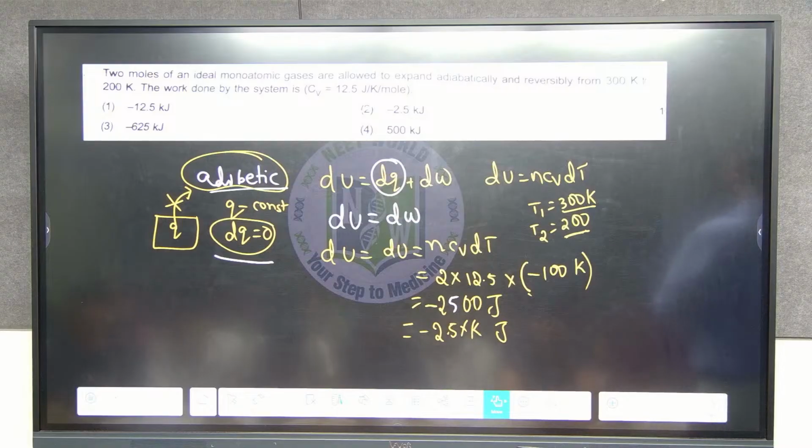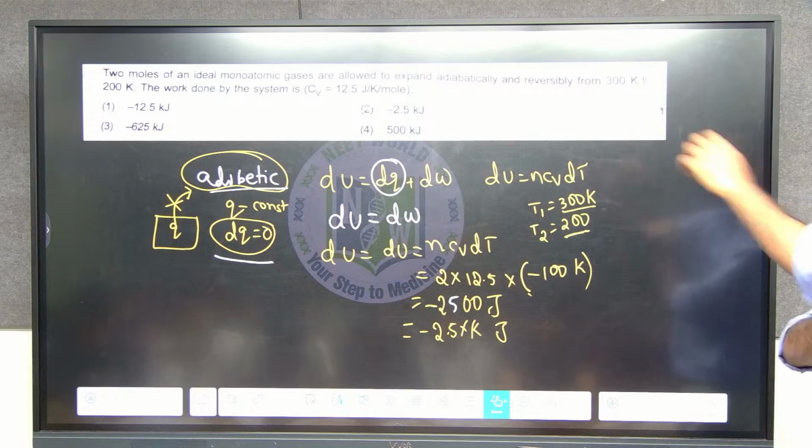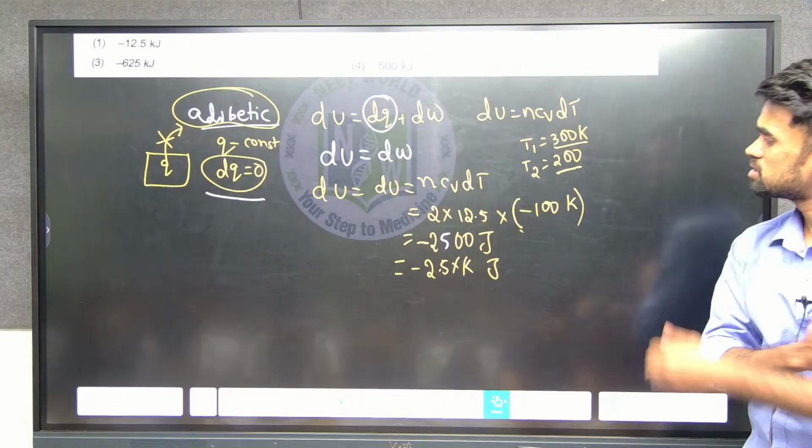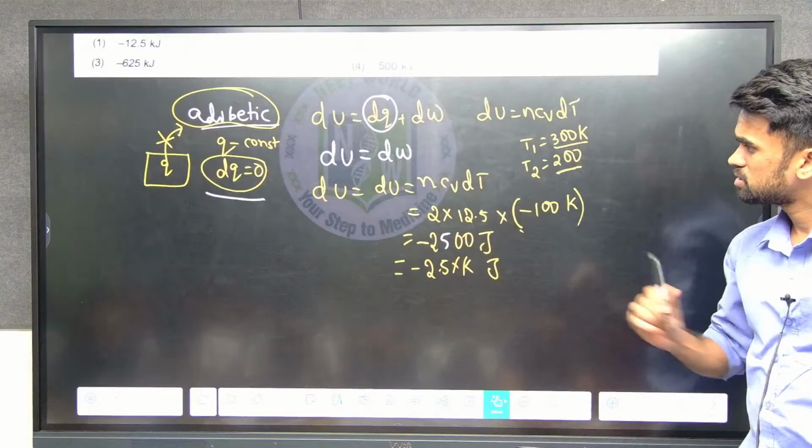Then the work done by the system is, given Cv same as this one, Cv 12.5. What is the data provided? Four moles of monoatomic ideal gas expanded from 400 to 350. That's it.